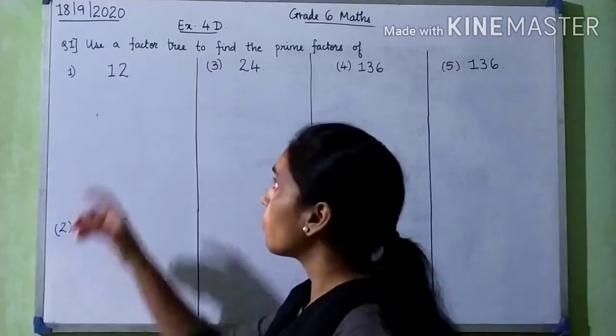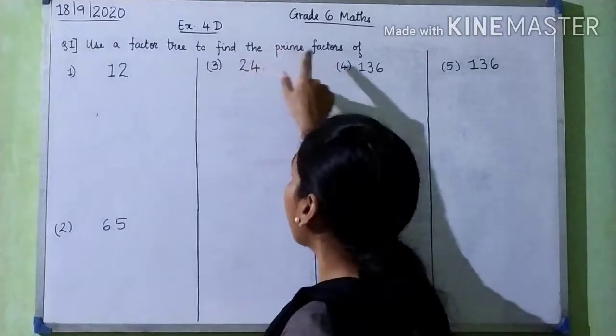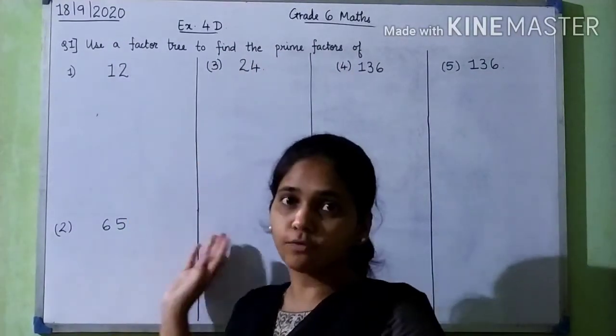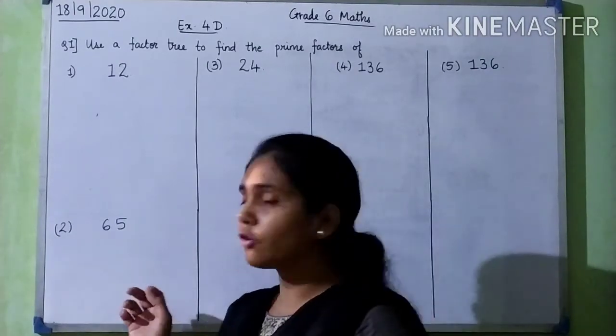So what is the first question? Use a factor tree to find the prime factors of these numbers. We have seen what factors of a number are, and today we are going to see what prime factors are.